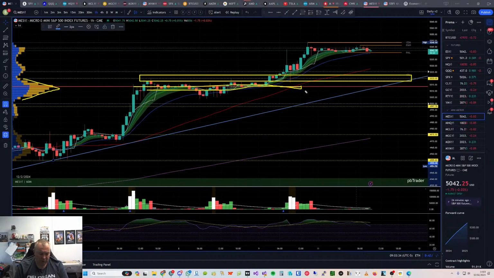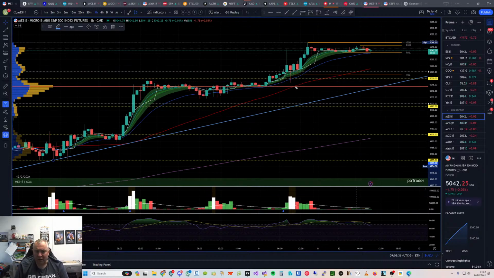So my stop area can't be any lower than here. If we want to keep the stop wide, we can use that pivot from Friday, and the low of that candle is 5,016.50, and I'll be looking for entry around the 5,020 area.